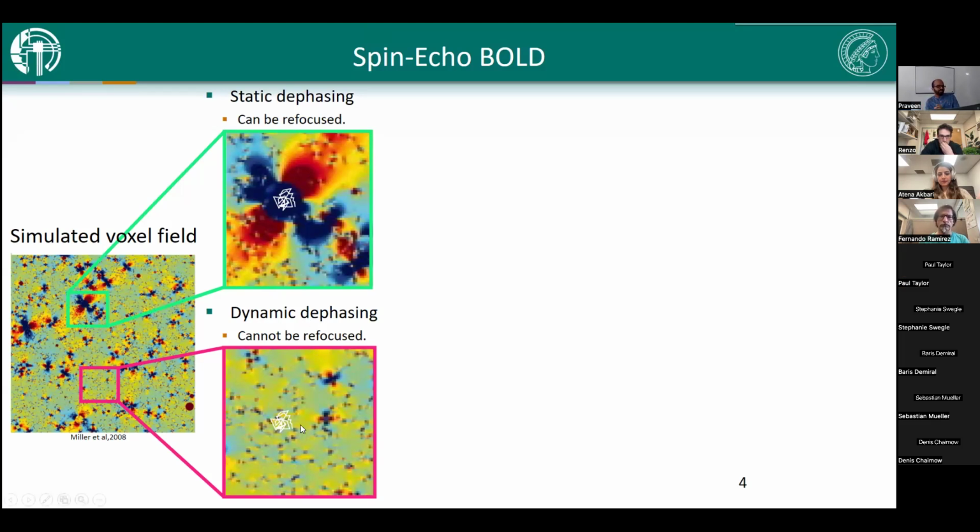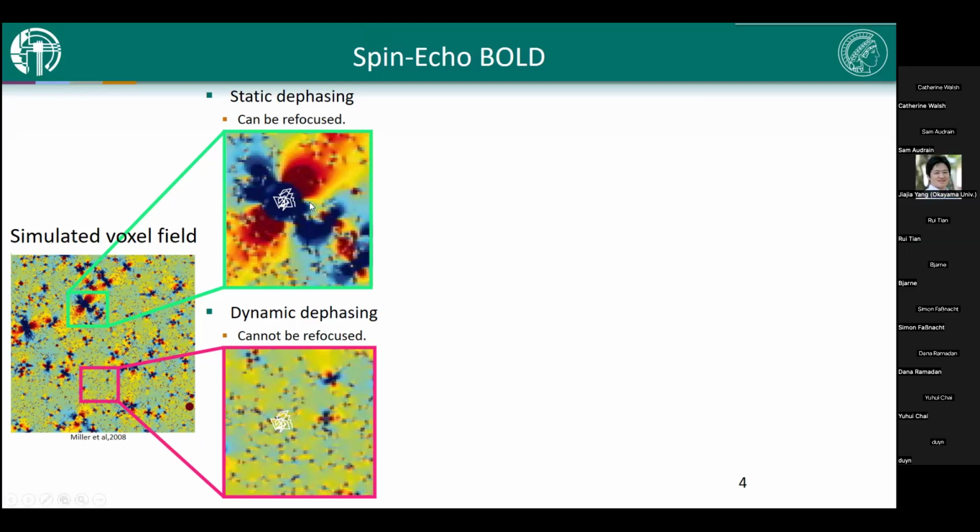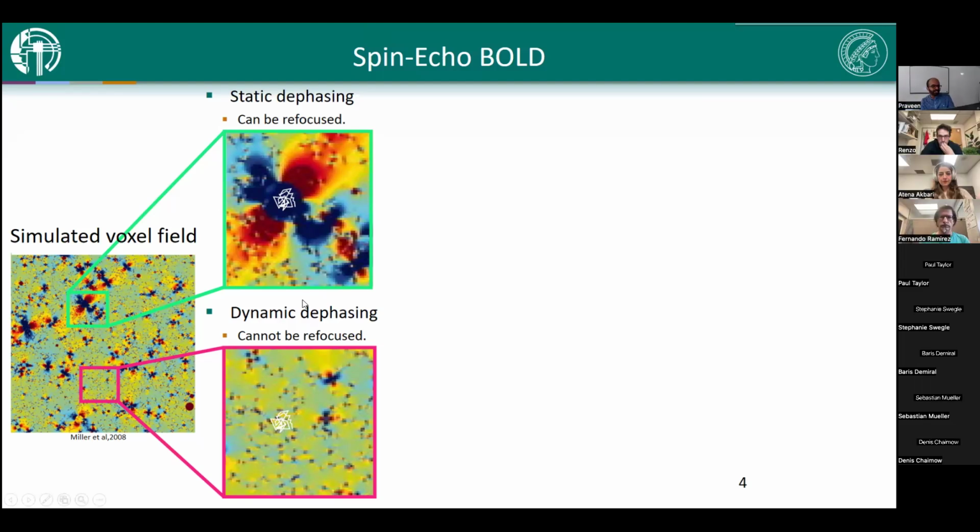And the dynamic dephasing is a smaller effect, but the field is quite heterogeneous, spatially very heterogeneous. So the white scribbly lines are the Brownian motion of the water protons, but in reality, it's much smaller than this. I can't zoom in anymore without getting blocky artifacts. So take this as intuition rather than an absolute figure.